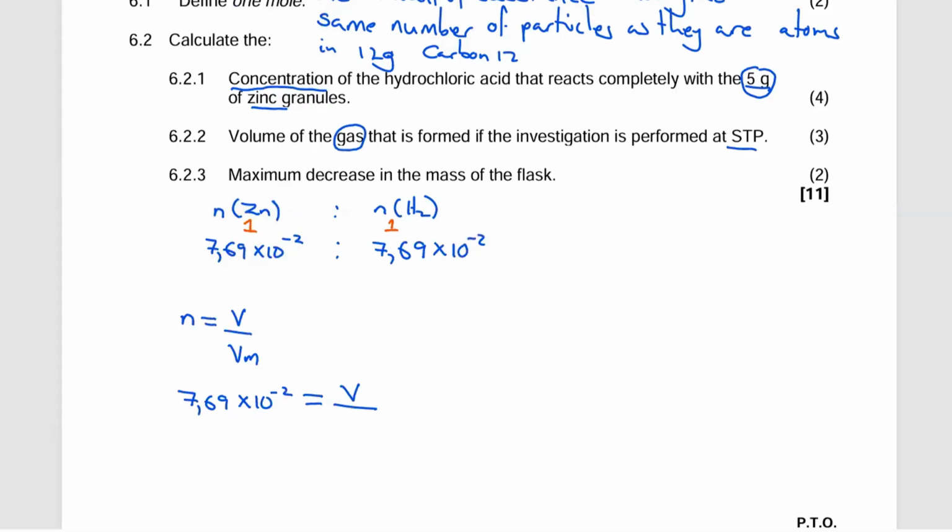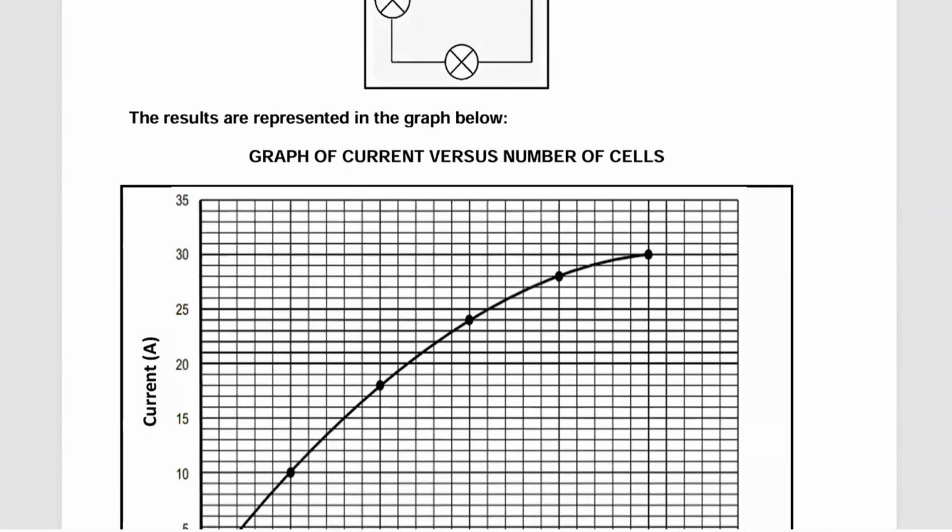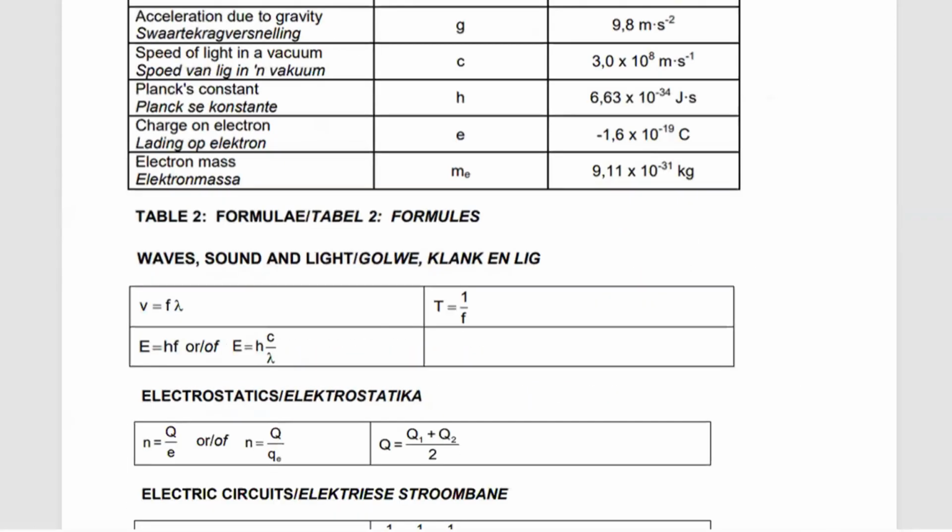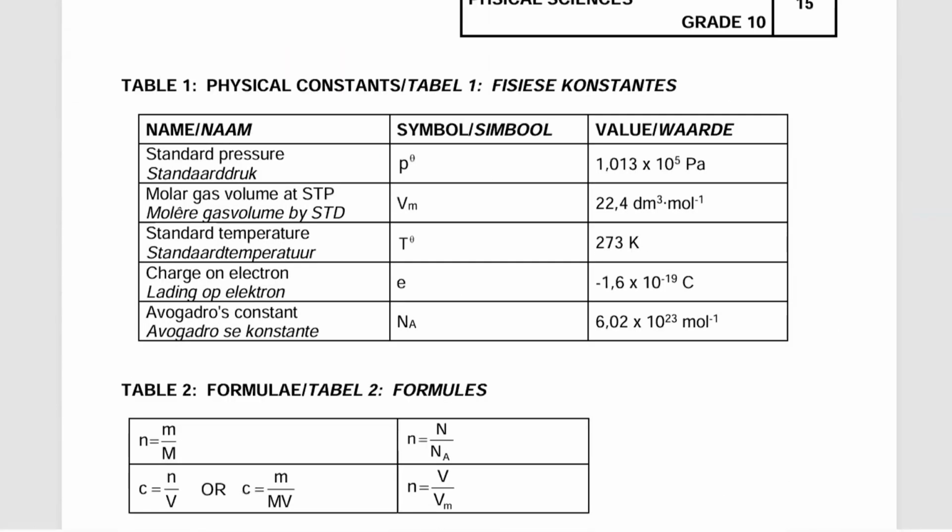Here I'm going to refer to the data sheet, though I'm not going to open it. So at STP, standard temperature and pressure, our molar gas volume is going to be 22,4. Or let me quickly refer to it so that you can see what we are talking about. Let's look at our Vm there. Are we given our Vm?